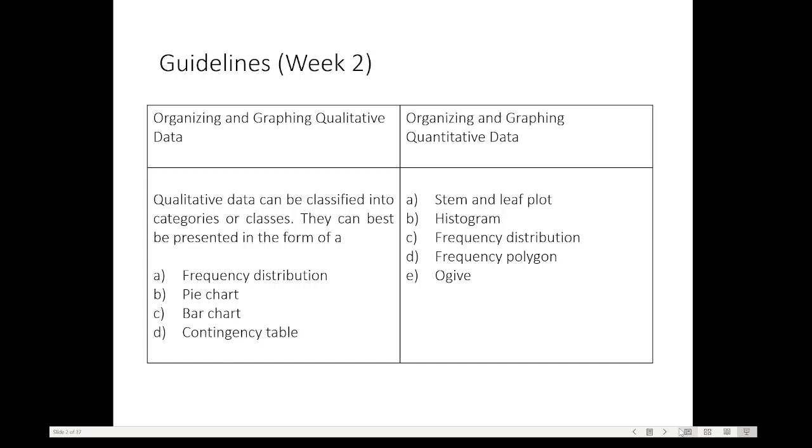Okay, and as we already know from our previous lecture, a variable can either be a categorical variable or a numerical variable. So based on these two types of variables, we can classify the graphical presentation into two parts.